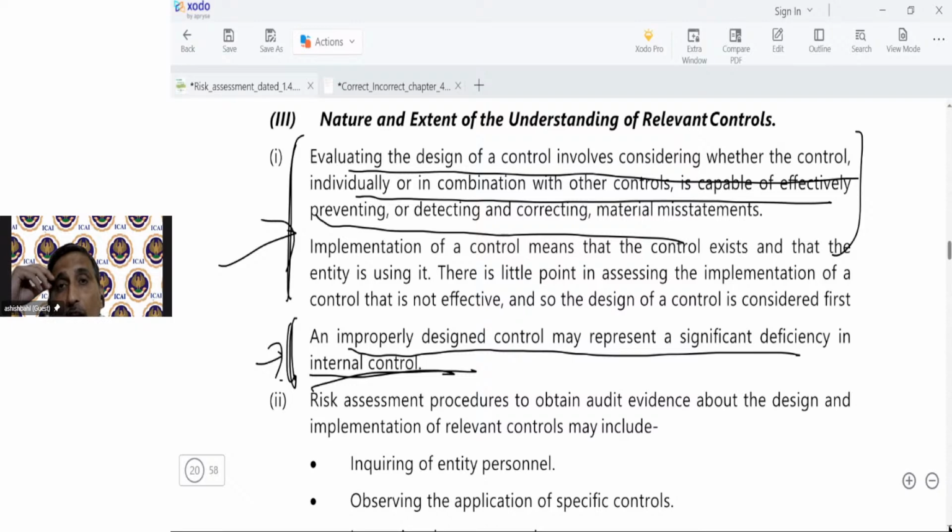Now the company has developed a control that whenever a policy becomes due, 7 days or 10 days before, an alert comes to the responsible person that the premium on this policy is going to become due. Obviously, management would be interested in safeguarding its assets.